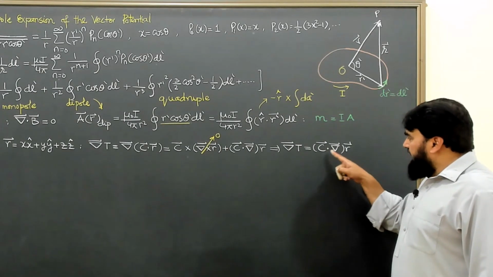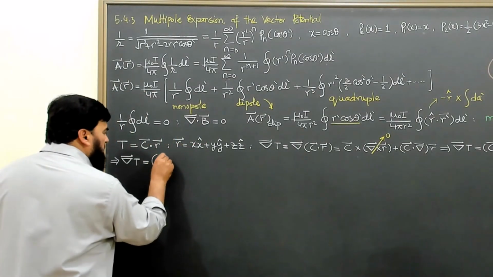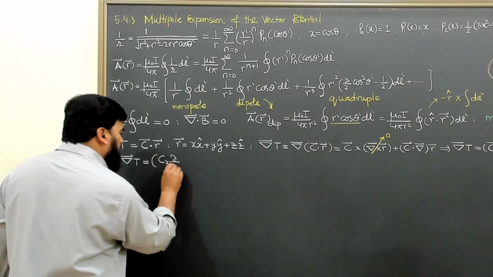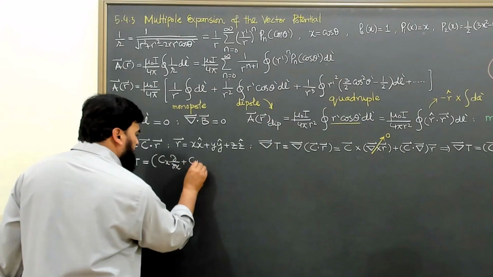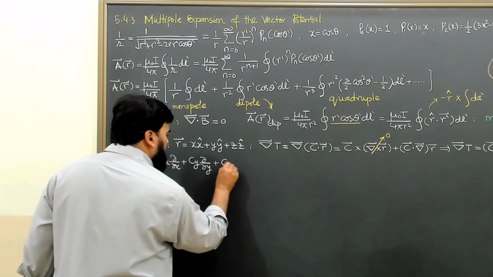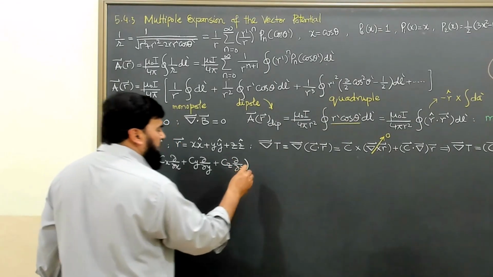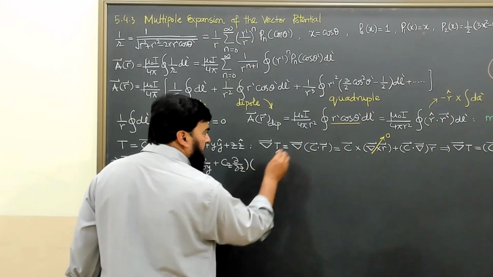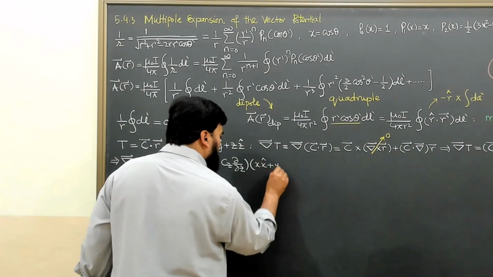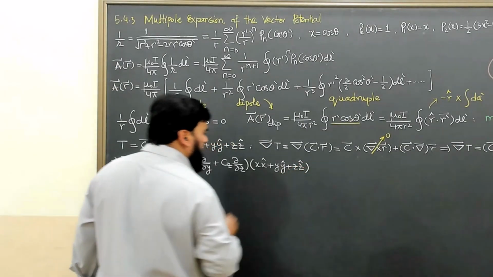So when we multiply them as a dot product, this is equal to cx partial over partial x, similarly cy partial over partial y, and cz partial over partial z, and this is applied on the vector r. And what is vector r? x in the x unit vector plus y in the y unit vector and z in the z unit vector.